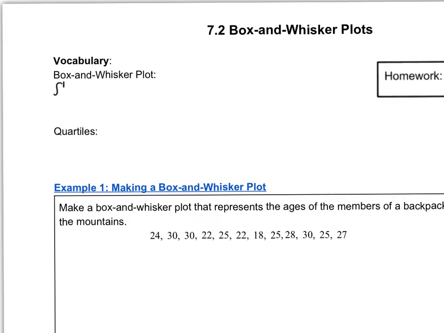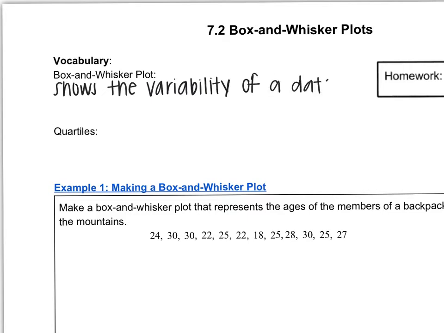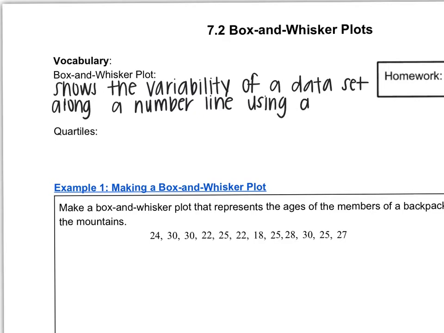Box and whisker plot shows the variability of a data set along a number line using the greatest value, least value, and quartiles.